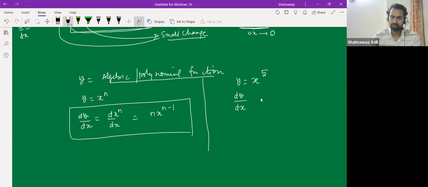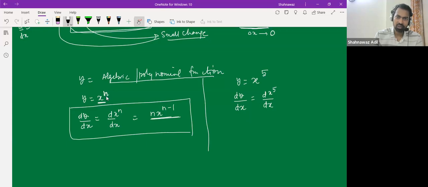Here d by dx of x^n is n x^(n-1), where n is the power on x.